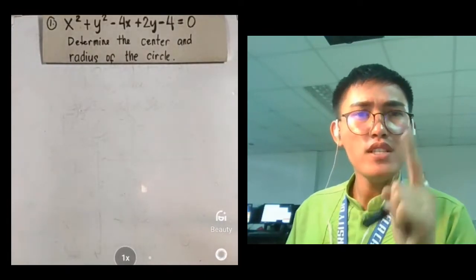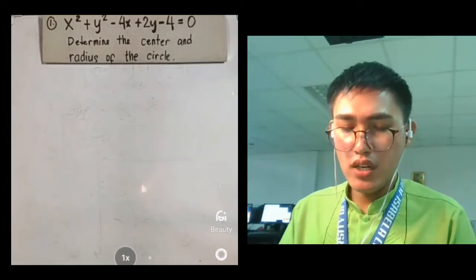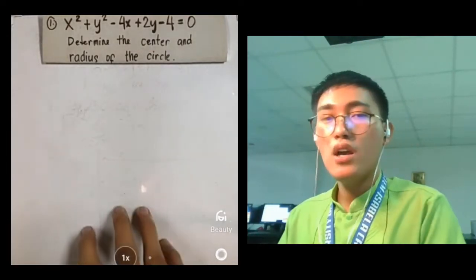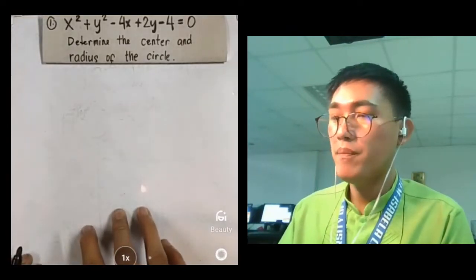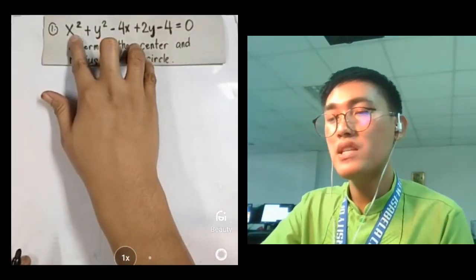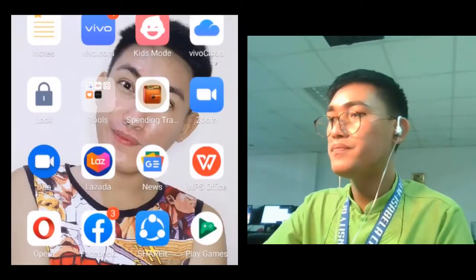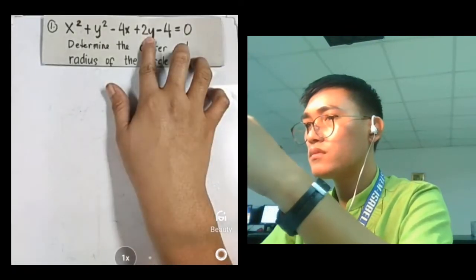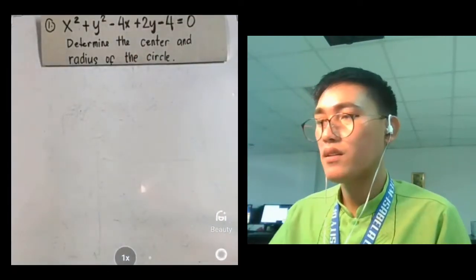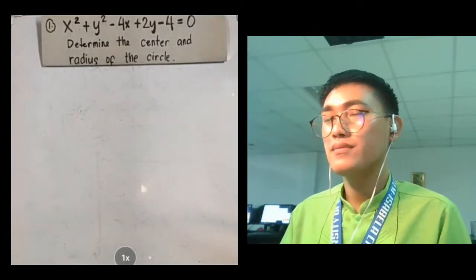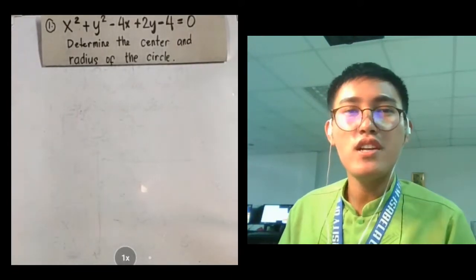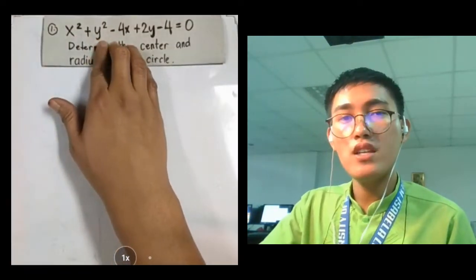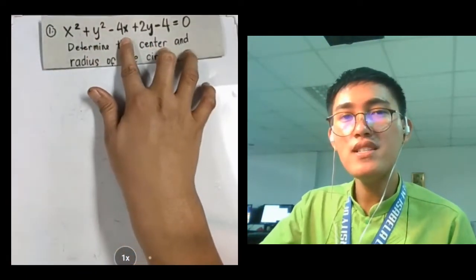Alright. First thing to consider before going to the step-by-step process, you have to eliminate the constant term. As we can see, x squared is not a constant, as well as y squared, negative 4x, and 2y.